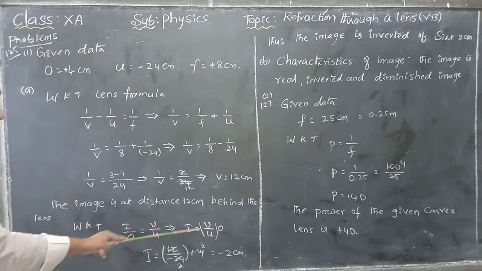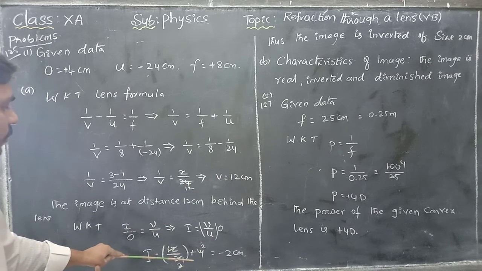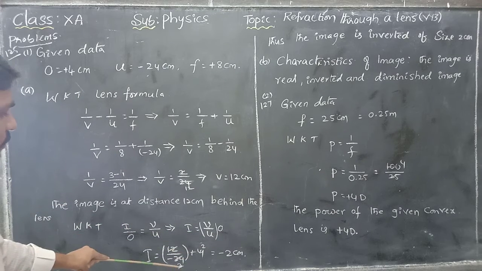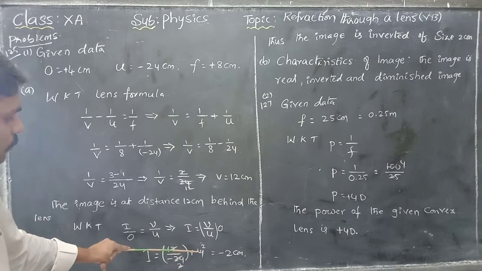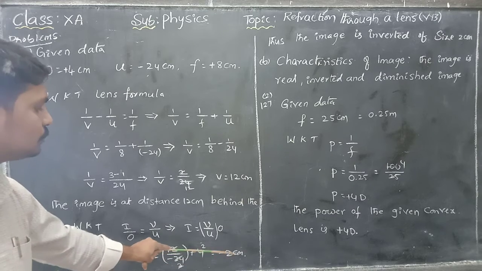I equals V, which is plus 12, divided by U, which is minus 24, and O is plus 4. So 12 ones are 12, 12 twos are 24, reducing gives 1 by 2 into 4. Minus into plus is minus, so minus 2 centimeter.